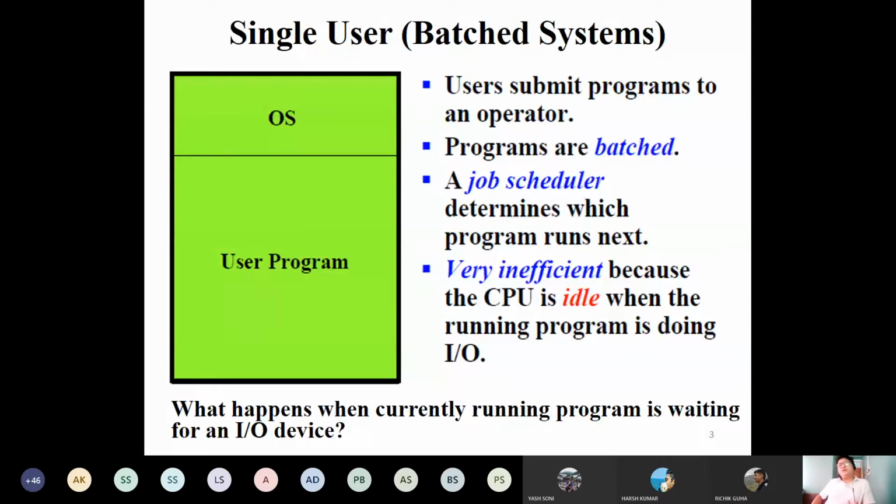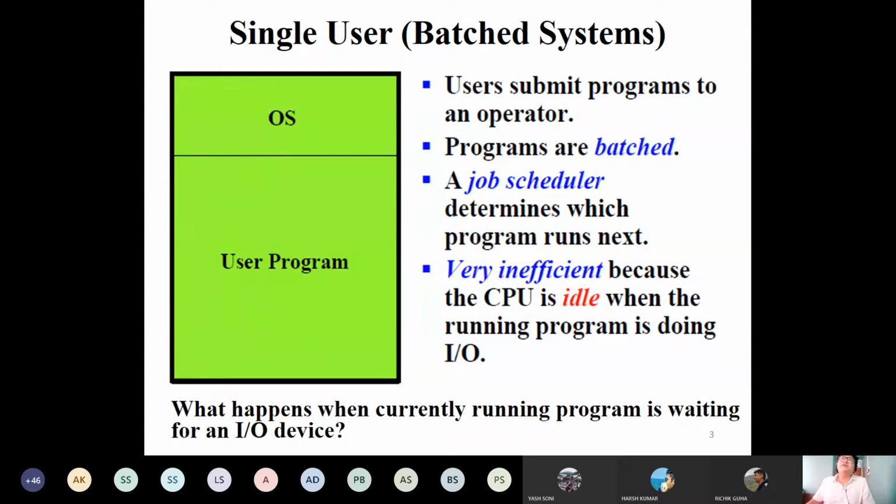Now, in this kind of batch OS, one thing that you need to note down is the job scheduler. What is a job scheduler? The job scheduler is a program that is there with the operating system. The main task of the job scheduler is to select a job from the secondary storage device, based on the need or demand.